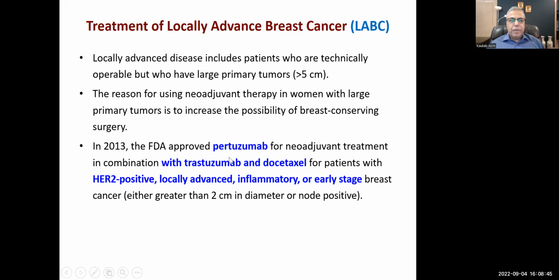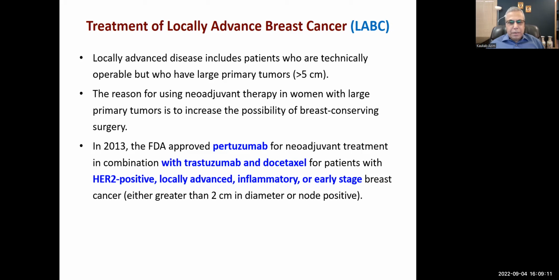In 2013, FDA approved pertuzumab for neoadjuvant treatment with trastuzumab and docetaxel for patients with HER2 positive, locally advanced or inflammatory or early stage breast cancer, greater than 2 centimeters in diameter. Although 2 centimeters is not very big, even if you reduce the size from 2 centimeters, the surgery will become easy.